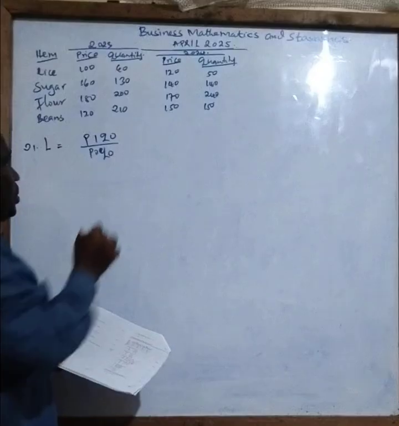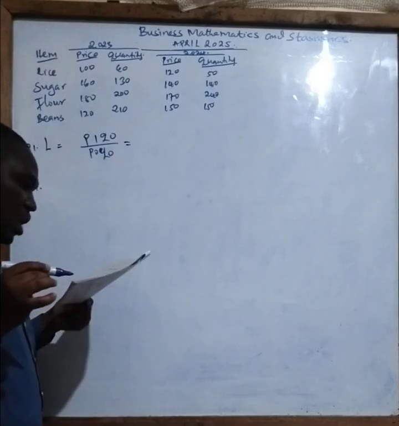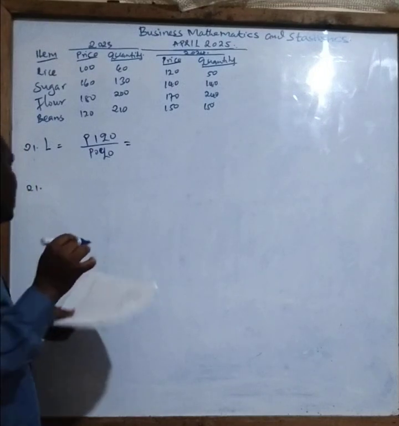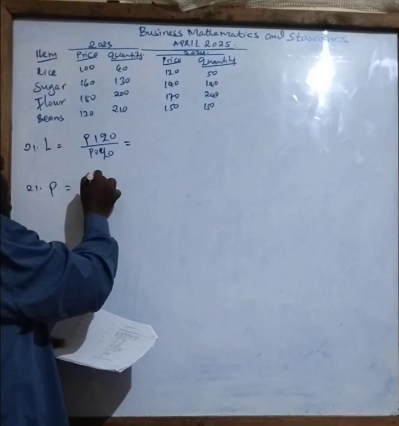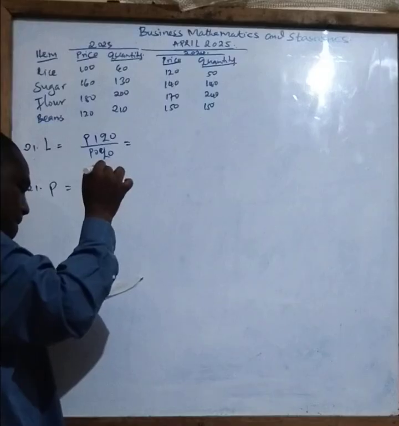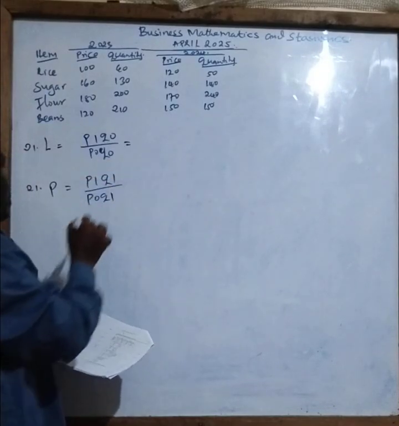You can see that statement. Then number 22 says you are required to calculate the Paasche price index. So letter P, which is given by P1Q1 over P0Q1. And I'm going to explain the same.